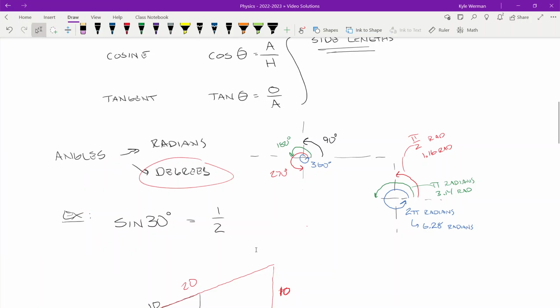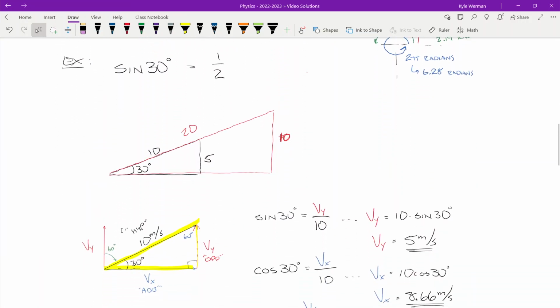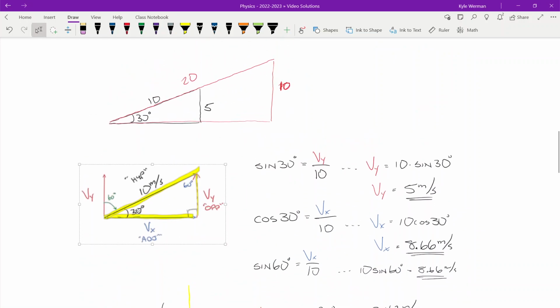We now have our calculator in the right mode. Let's look at how we're actually going to use this. In this unit, when we're first learning about trig, we're going to be using trig to find the pieces of velocity vectors. Remember, a vector is just some quantity with magnitude and direction, and velocity has a direction. In this case, we have a velocity of 10 meters per second at an angle of 30 degrees.